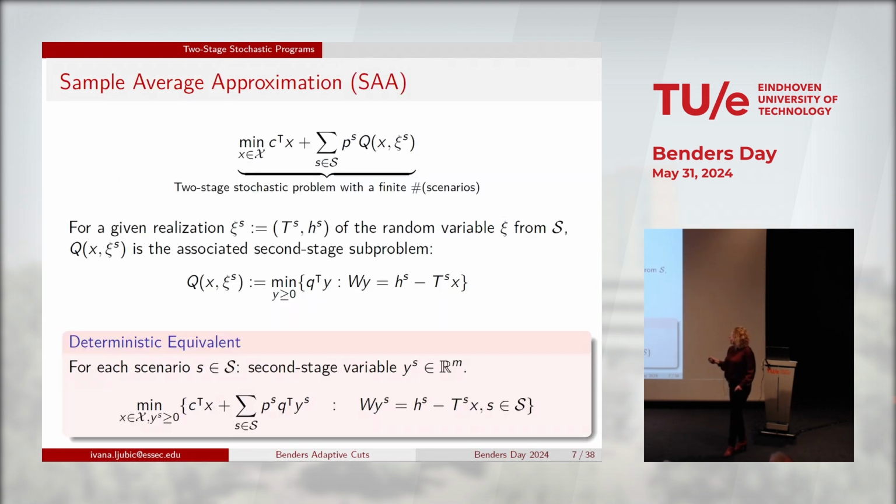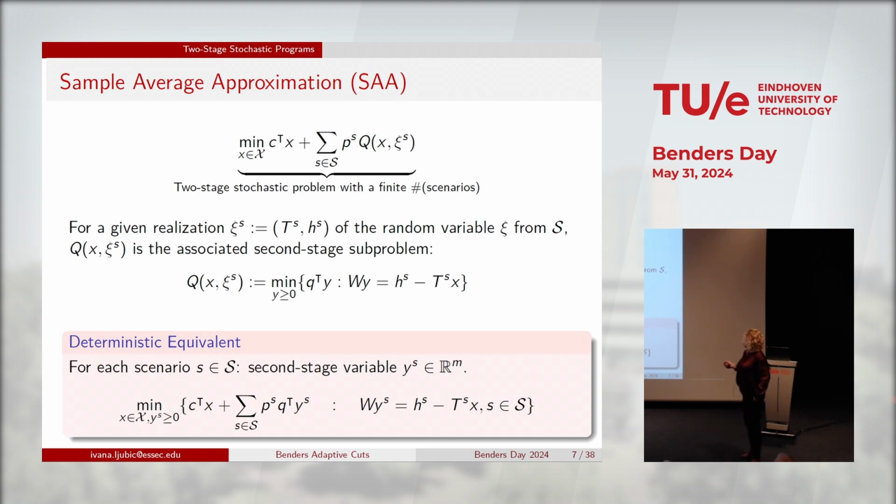So that means that we are approximating the starting problem by looking into a subset of possible scenario realizations, but in the seminal work by Kleywegt, Shapiro, and Homem-de-Mello, they have shown that we can get arbitrarily close to the true optimum if we sample a sufficiently large number of scenarios.